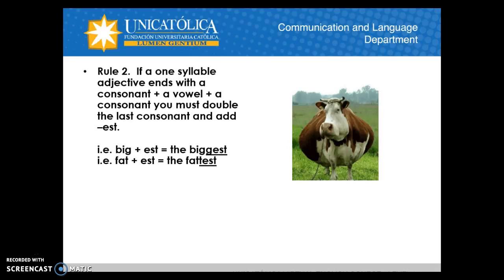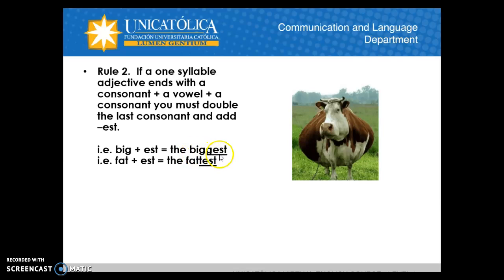Rule number 2. If a one-syllable adjective ends with a consonant, a vowel, and a consonant, you must double the last consonant and add est. For example, big and fat. You double the last consonant and then est.